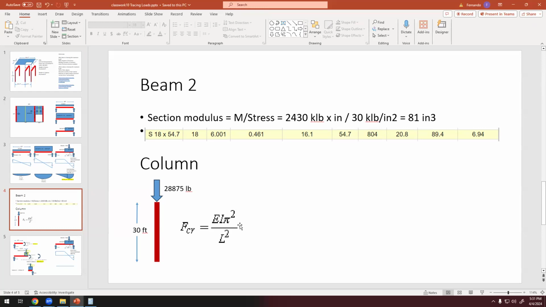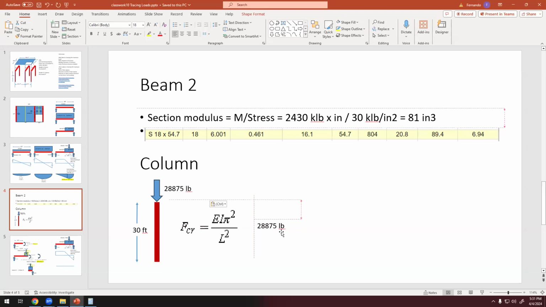I have to invert this because now I want to calculate the moment of inertia based on this load. So that's my load. So this is F. And now I have to calculate I. So what is I?